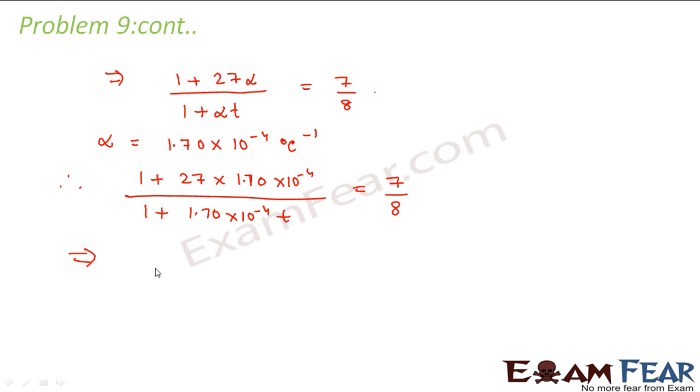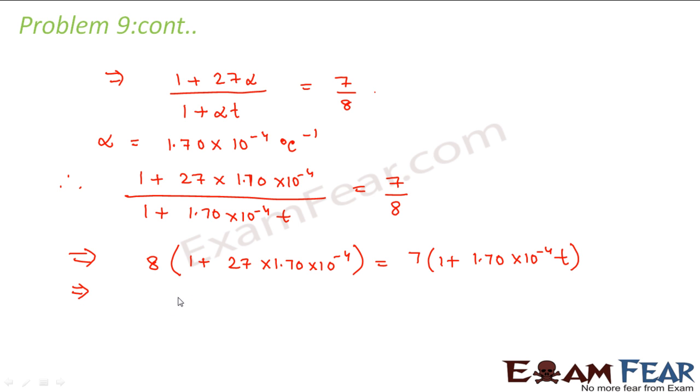From this we can calculate the value of T. So, this comes out to be 8 into (1 plus 27 into 1.70 into 10 to the power minus 4) is equal to 7 into (1 plus 1.70 into 10 to the power minus 4 T).